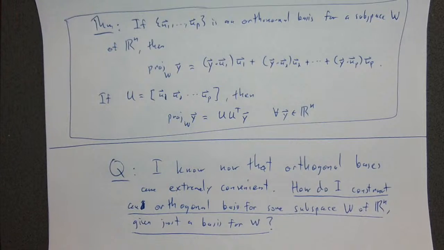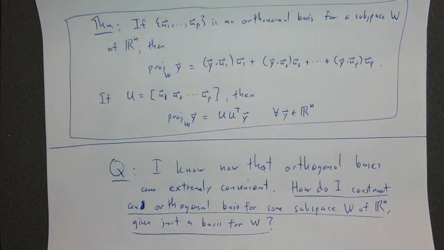As someone pointed out previously, if you're in R3 and you have two vectors that are orthogonal, getting a third one that's orthogonal to both is really easy. You can just cross them. Cross product does exactly that. But if you move to higher dimensions, if you try to do the same thing for R4, R5, and so on, then it's no longer something that you can really do.